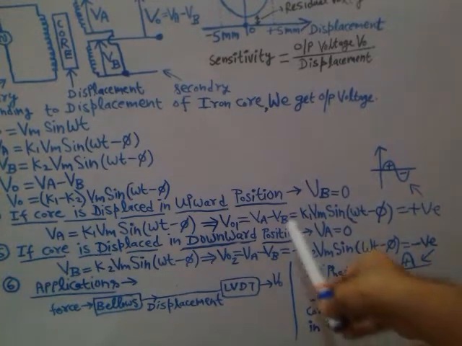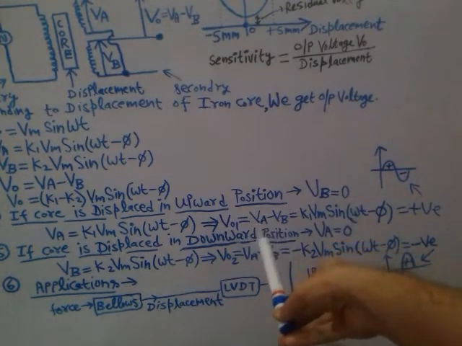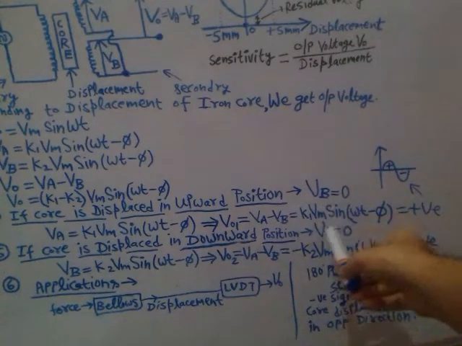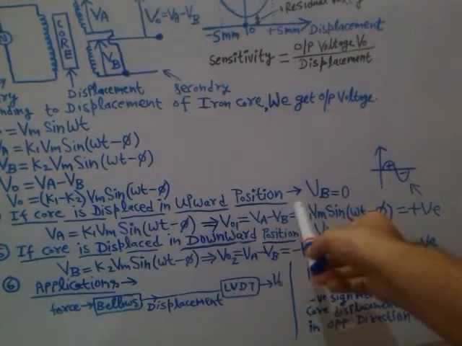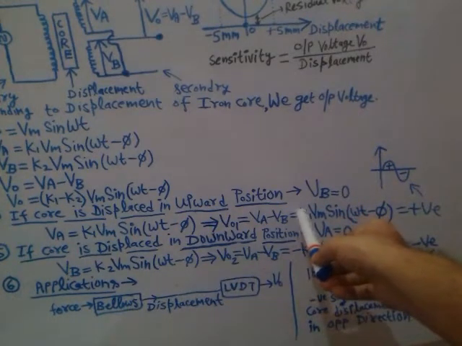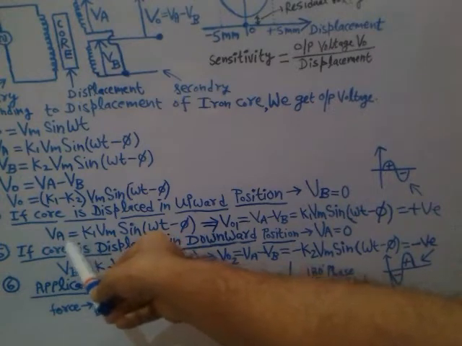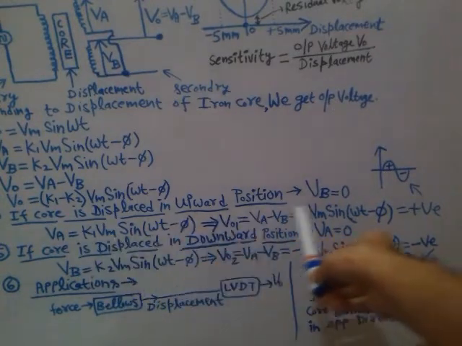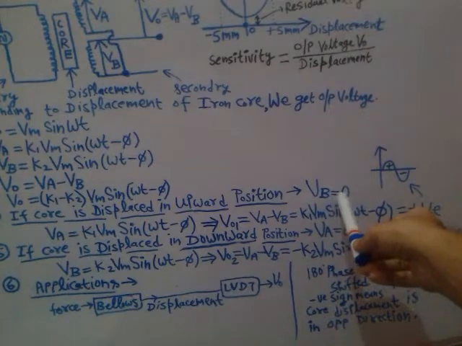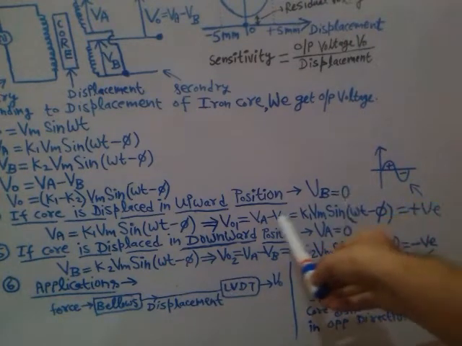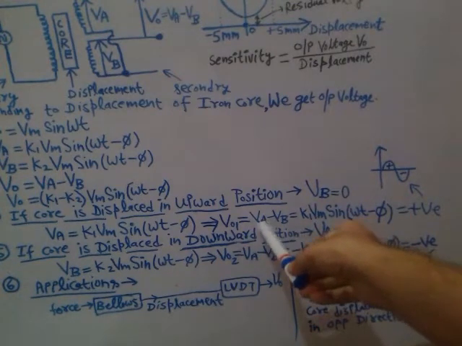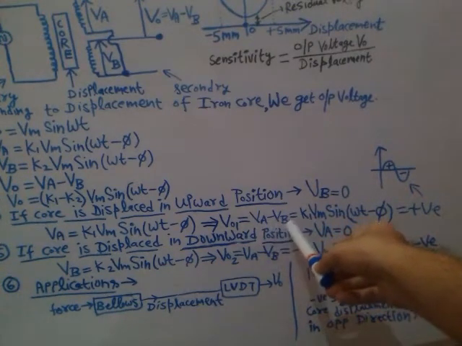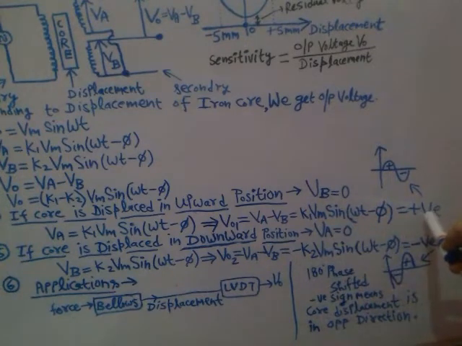Practically, if you do this in the lab, suppose you displace the core in the upward position and you get output voltage Va of 10 volts, and Vb is very small, suppose 1 volt. Then output voltage V01 is 10 minus 1, that is plus 9 volts.